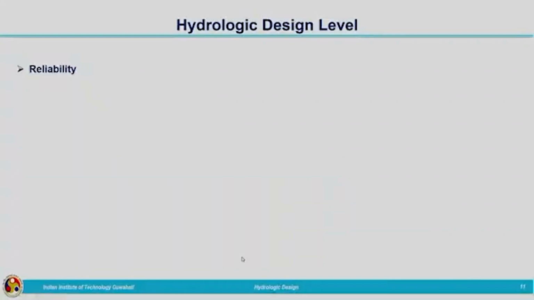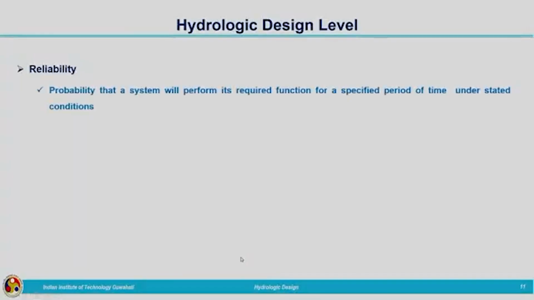Now, related to risk analysis, another very important term which comes along with it is reliability. What is meant by reliability? Reliability represents the probability that a system will perform its required function for a specified period of time under stated conditions. What was risk? It may fail, but in the case of reliability, it is the probability that the system will perform as we were expecting.